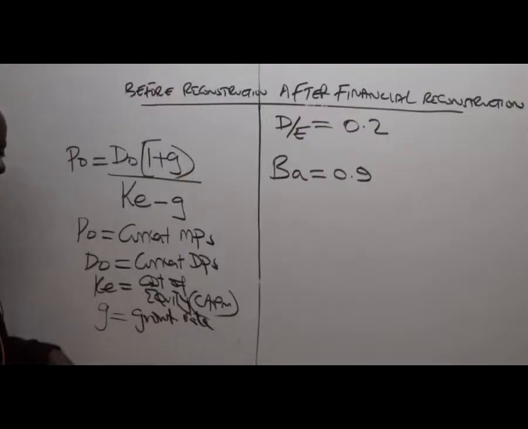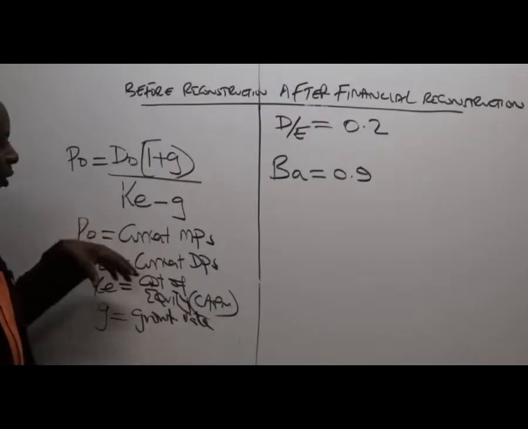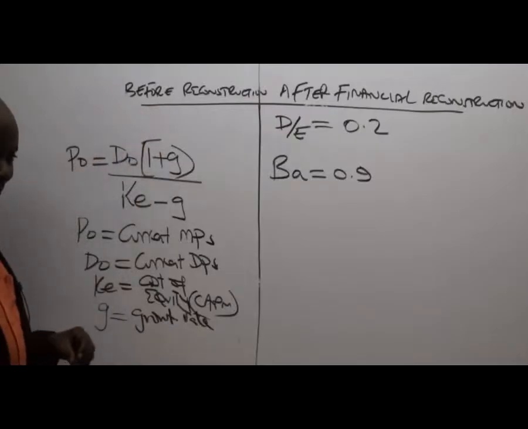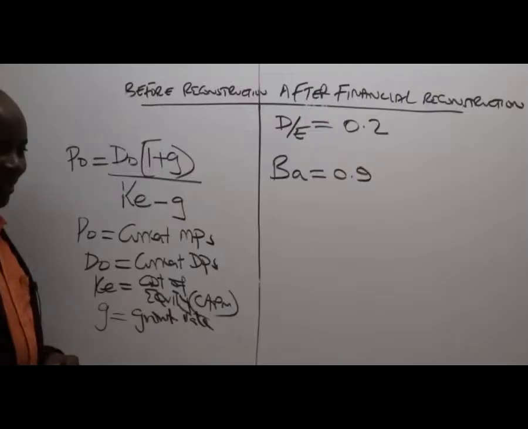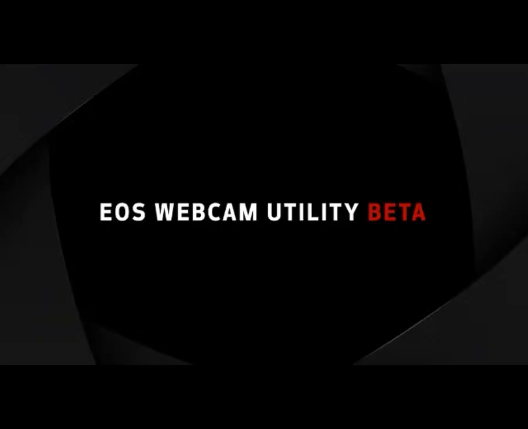So please let me know whether I can rub this to fix my calculations for PO on this side, because this side is for before the reconstruction.